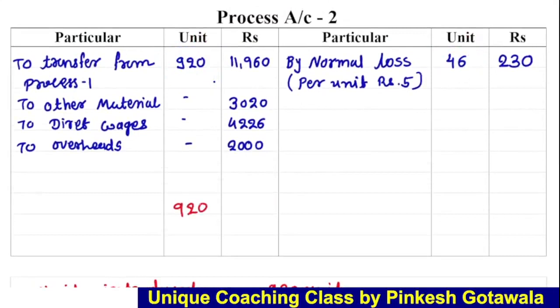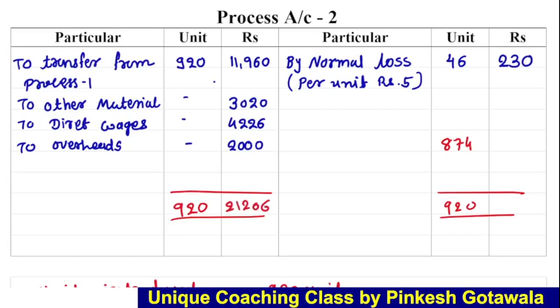Here 920, and remember this calculation must be done on calculator. Okay, so here 11960, 3020, 466, 2000, 21206. So the difference is 20976.